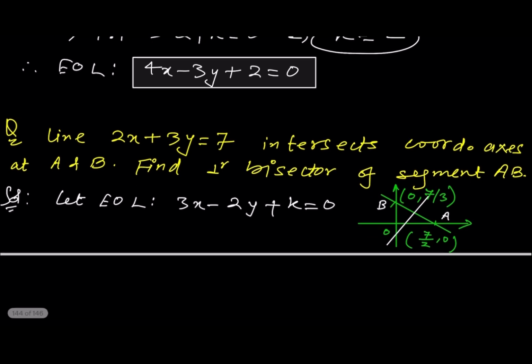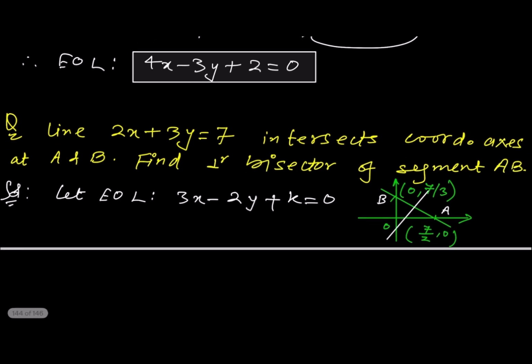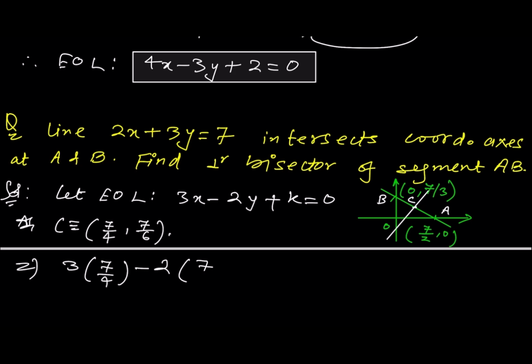And also it is passing through the midpoint of AB, and the midpoint of AB, say this is C, so the coordinates of C are 7 by 4 comma 7 by 6, so 3 into 7 by 4 minus 2 into 7 by 6 plus k is equal to 0.